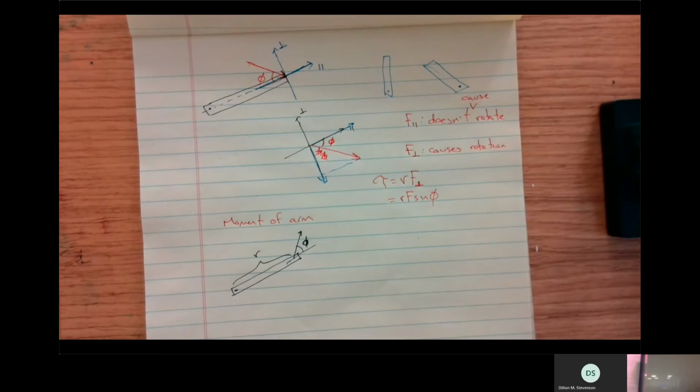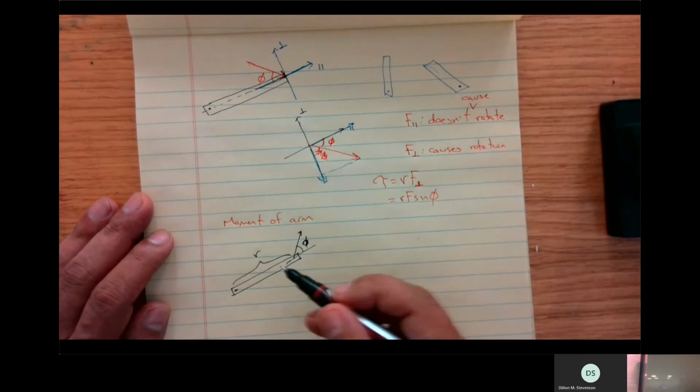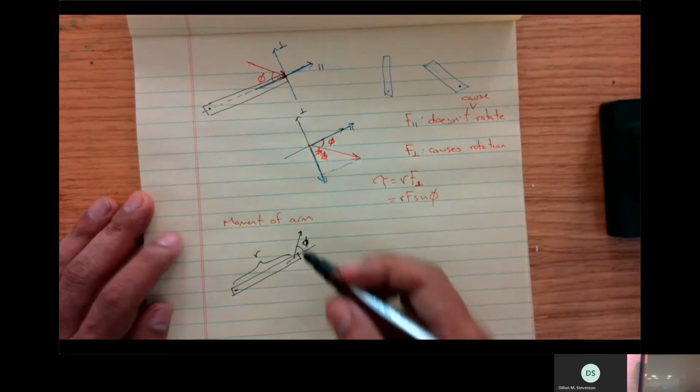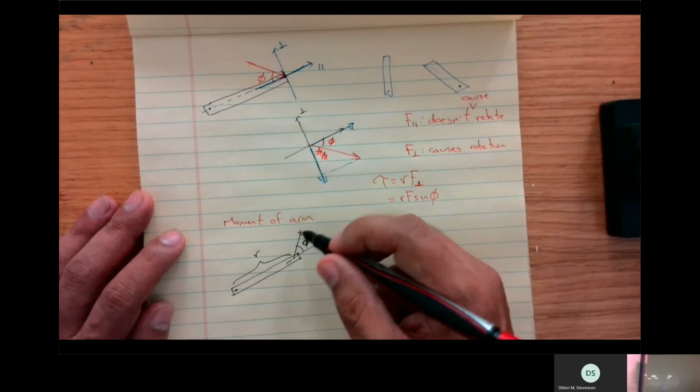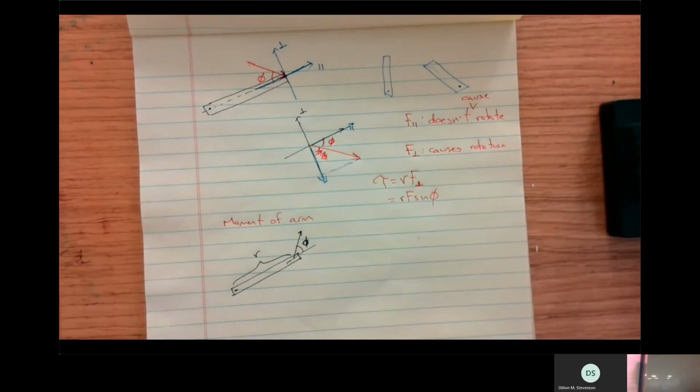And instead of trying to find the perpendicular or parallel component of the force, what I'm going to do is extend the force. I'm going to draw an imaginary line that goes in the same direction as the force. So I'm going to draw something like this.